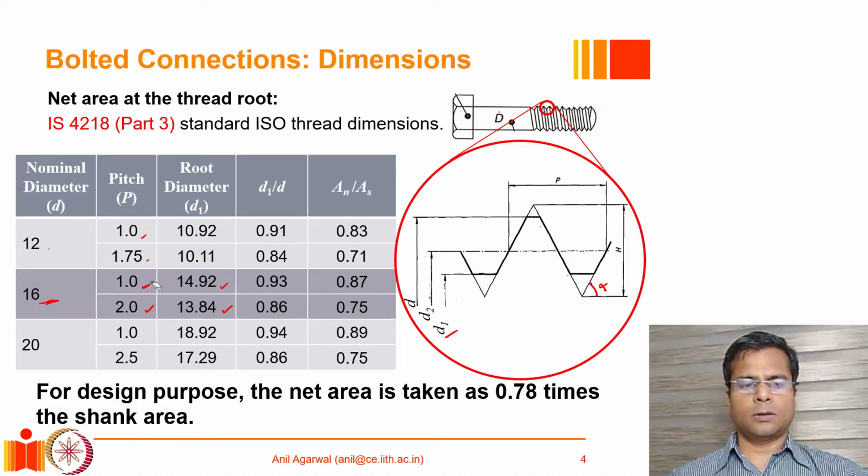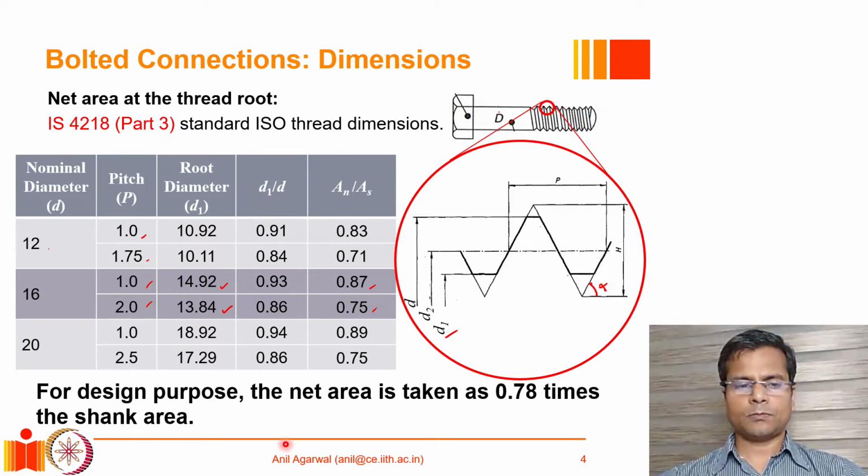So depending on the pitch size, the ratio between the net cross section and gross cross section changes, varying between 0.75 and 0.87 in the case of an M16 bolt. So these are the possible values which you can use.